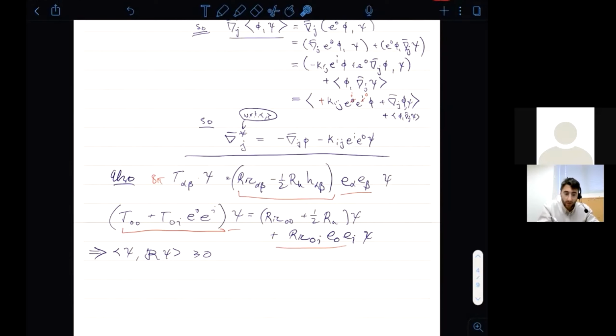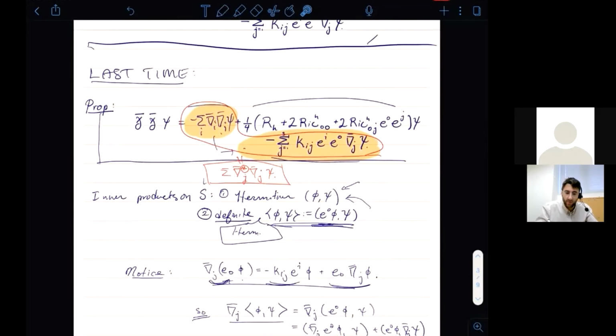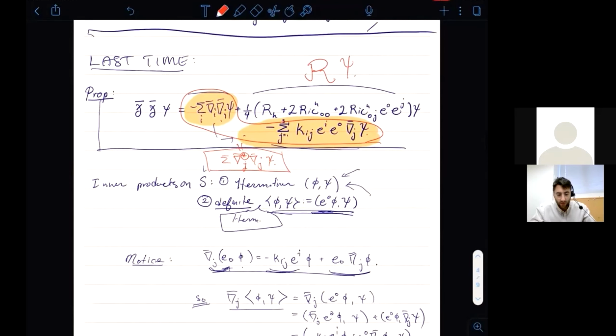Okay, so let's go back up to the curvature term we see here. I'll call that curly R, by the way, acting on psi. That is twice what we just wrote.